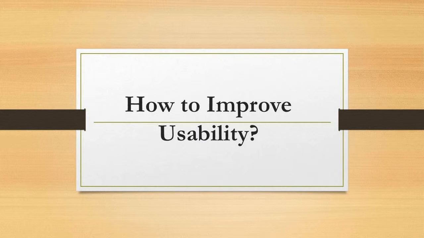How to improve usability. There are many methods for studying usability, but the most basic and useful is user testing, which has 3 components. Get hold of some representative users, such as customers for an e-commerce site or employees for an intranet.